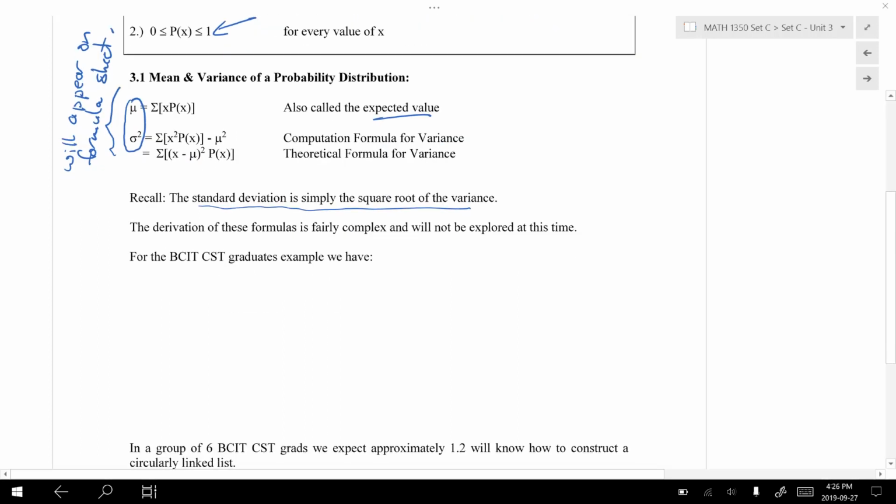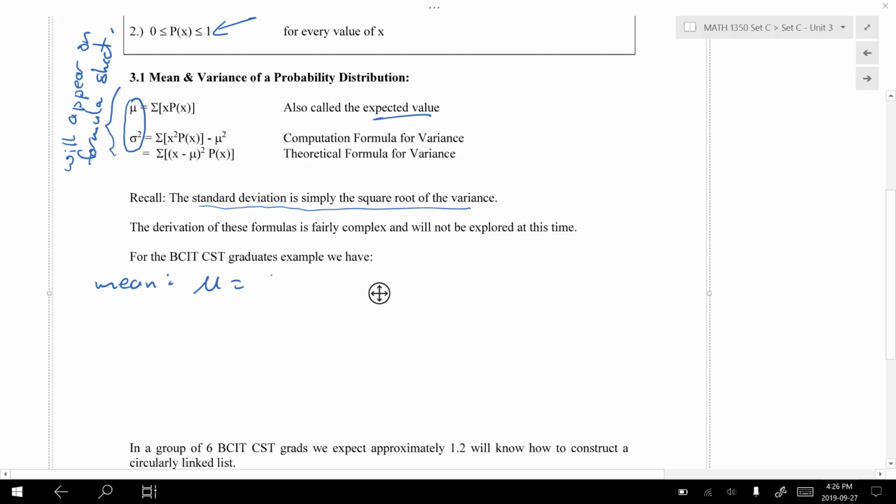Let's go now back to our example and think about computing these things, each of mean and standard deviation. So for the mean, the formula says to add up all of the x's times all of their particular probabilities.